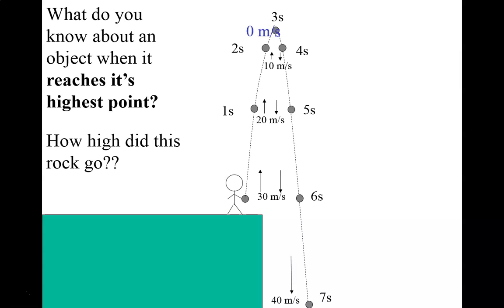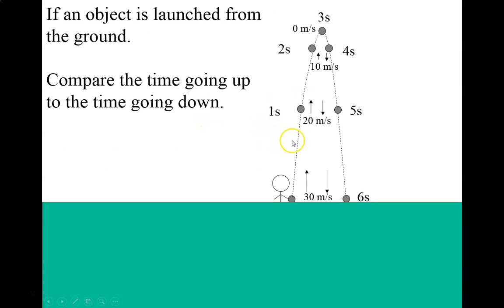So if we wanted to figure out how high this rock went, let's say we got 1 second up, 2 seconds up, 3 seconds up. So if we launch it from the ground, if it takes 3 seconds to go up, it's going to take 3 seconds to come back down. So if it's in the air for 6 seconds, you know that it took half that time going to the top.